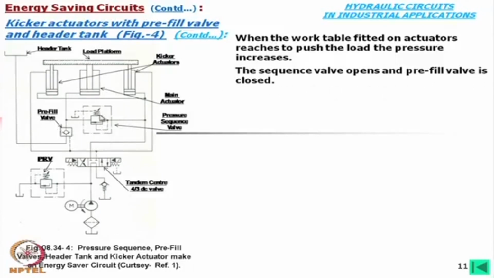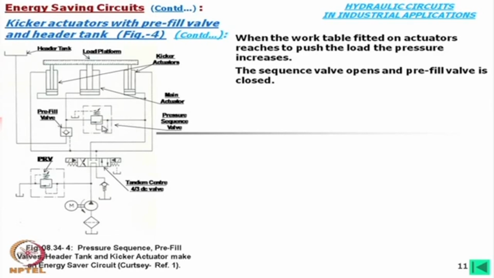Now, the pressure has increased. With this pressure setting, whatever oil is going to the kicker actuators is also going to the pressure sequence valve, but this pressure is low, so it is closed.